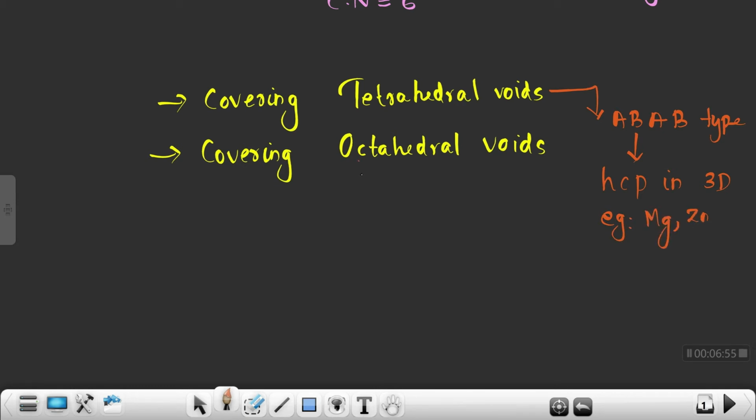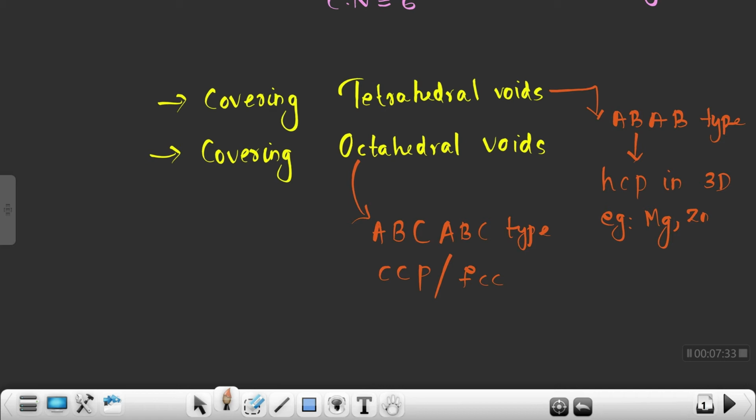And next step, covering the octahedral voids. Here the third layer is placed above the octahedral voids of the second layer. In this, the third layer is different from the first and second. So if we name the first layer A, the second layer is B, and the third layer is C. Then this is called ABC type of arrangement, and it is also known as cubic close packing or face centered cubic close packing structures.